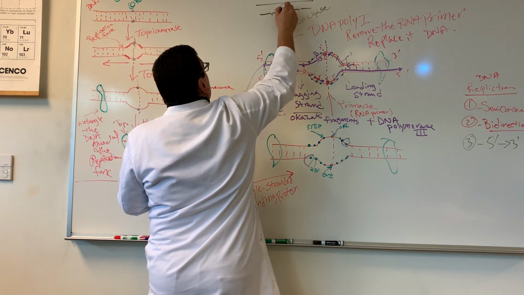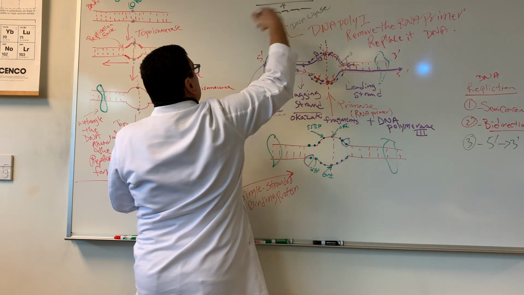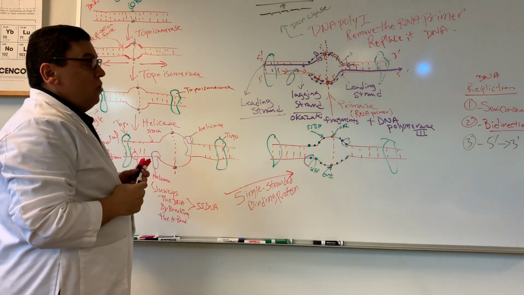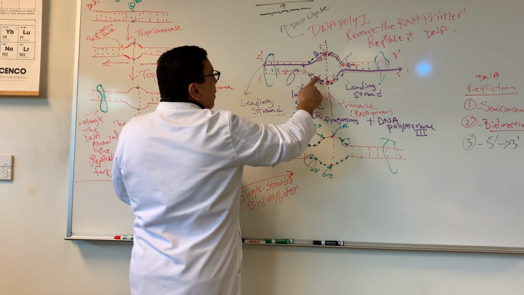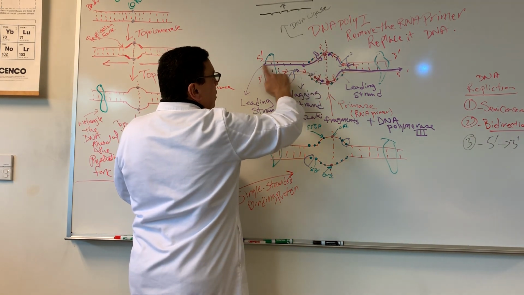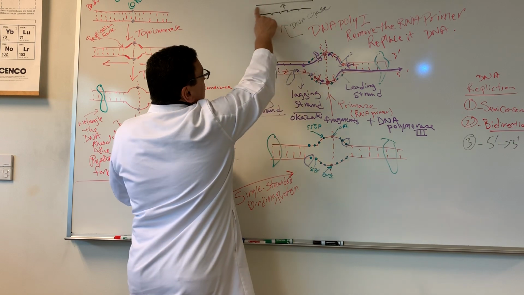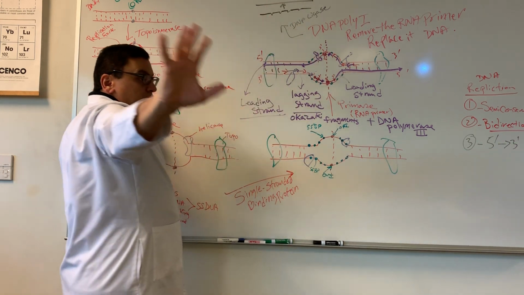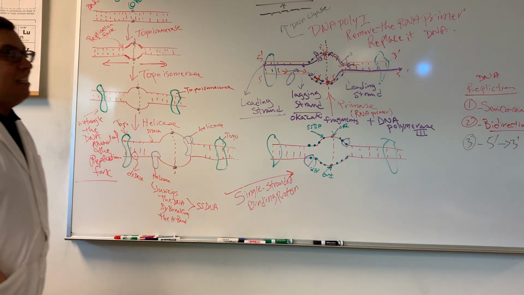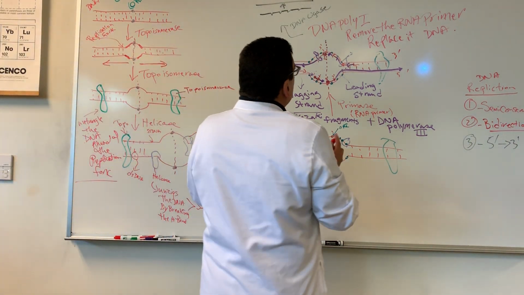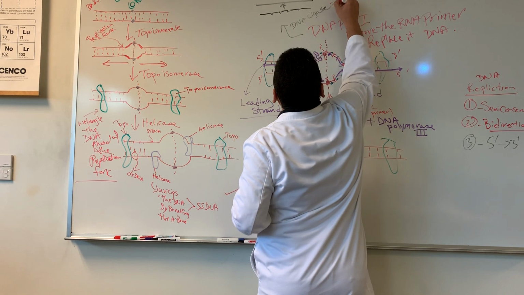And it will make the DNA look like this, a straight strand. So at the end, you will not know the difference between the leading strand or the lagging strand because they will both look like this, full strand. So we say DNA ligase seals the gaps.